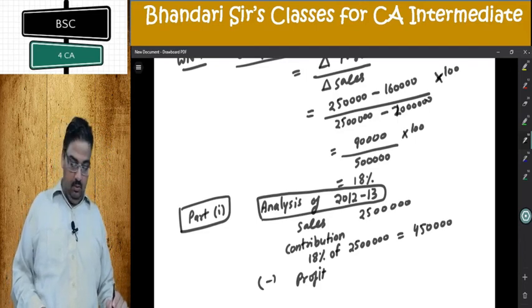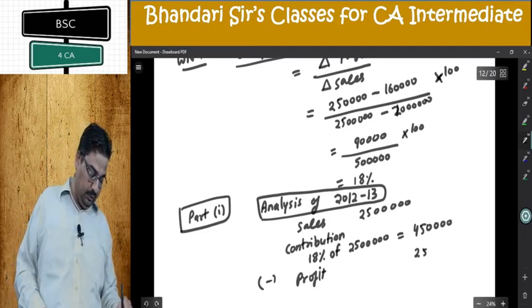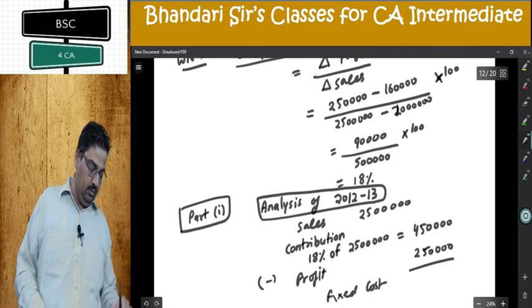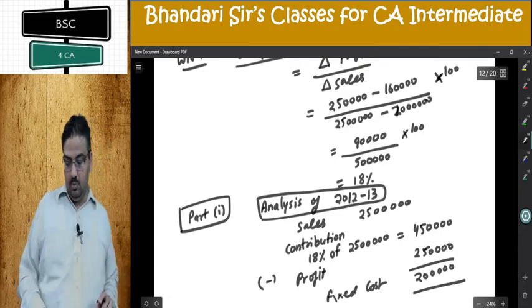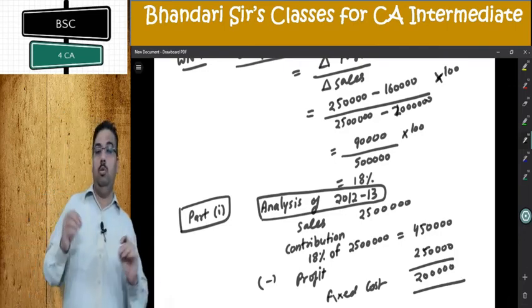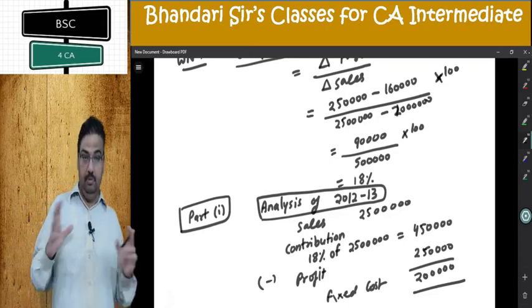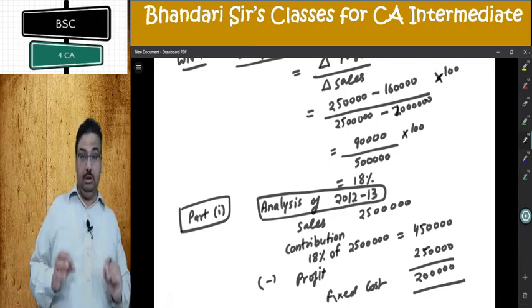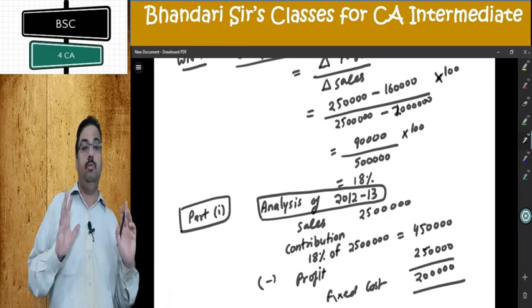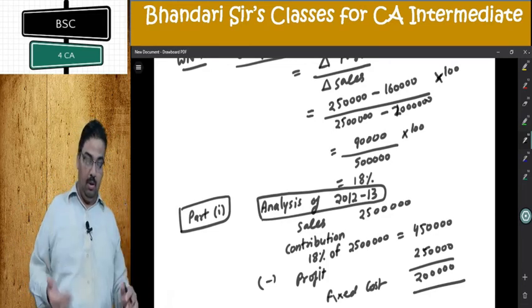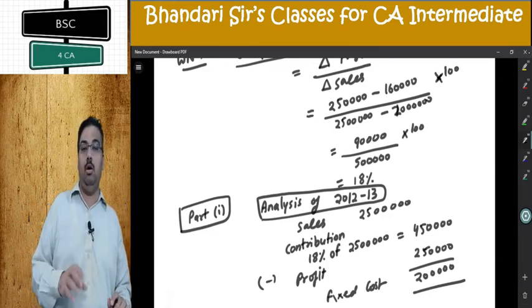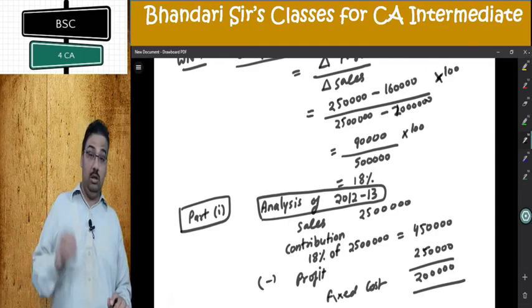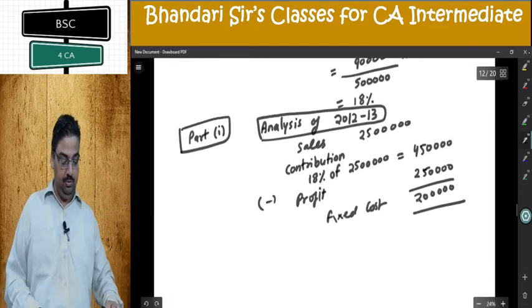Profit in this year, we computed 2,50,000. So fixed cost is balancing figure, rupees 2 lakh. Always remember contribution equals fixed cost plus profit. Hence fixed cost equals contribution minus profit. So small things to remember. We have used in many questions by now in today's lecture only. So concentrate on this point for sure.